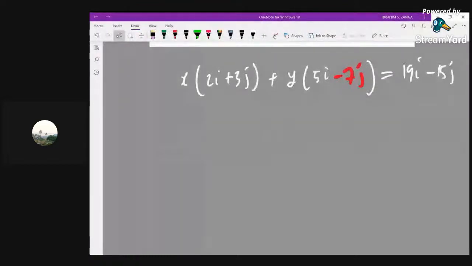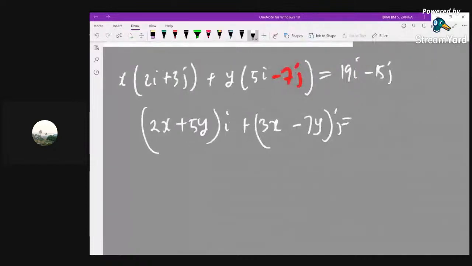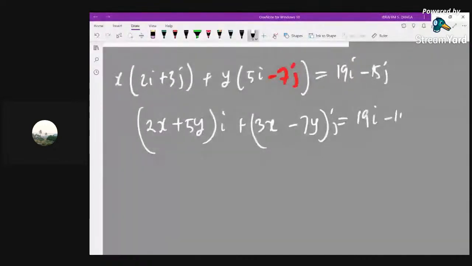So we are going to collect the terms with like components, which is 2x plus 5y, i, plus 3x minus 7y, j, equals 19i minus 15j.